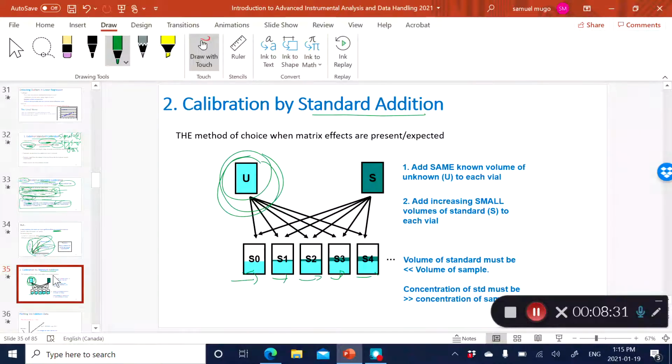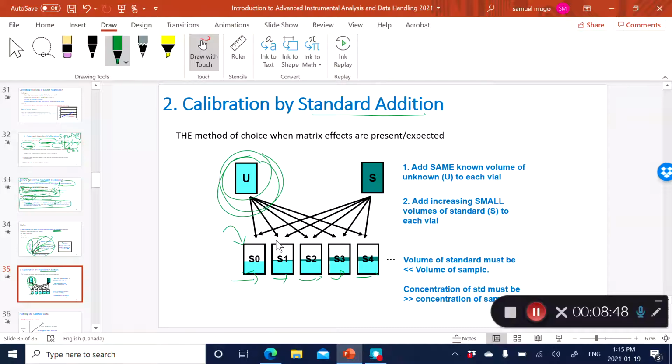And then after that, you would spike a known concentration of the standard in increasing volume in each one of these volumetric flasks. And hopefully after that, you would make it up to volume using a solvent.